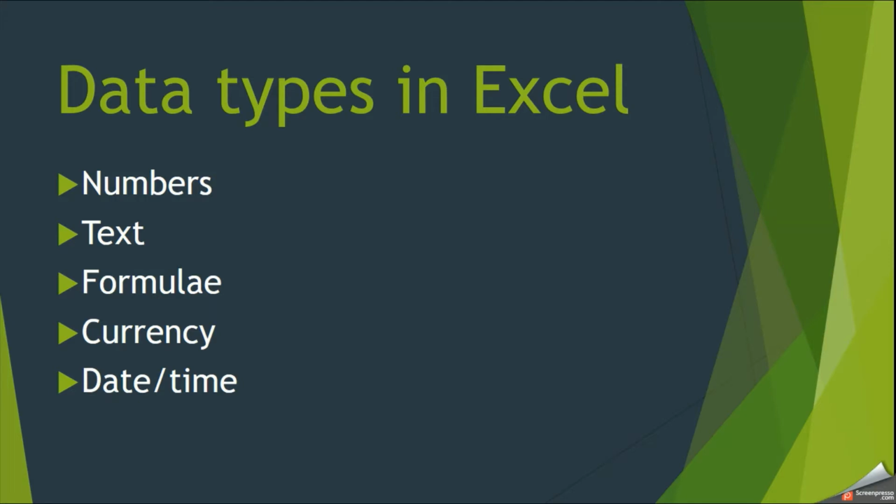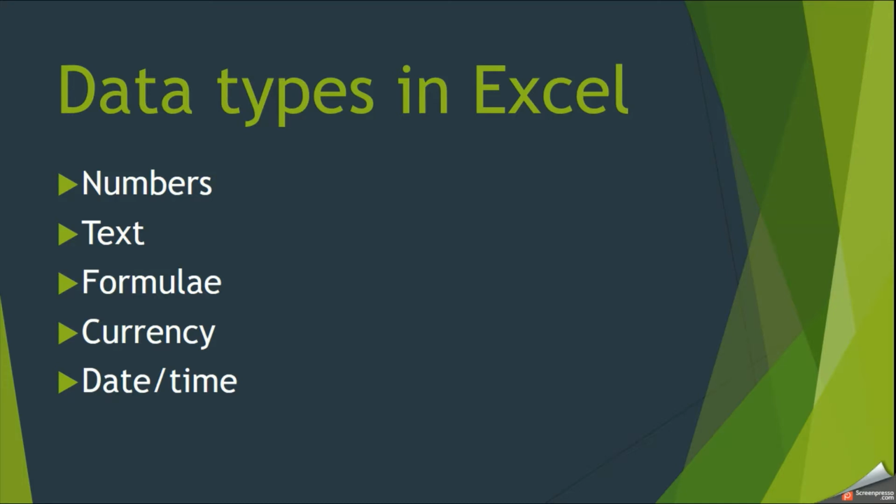And then currency values. And then one more data type is date and time. Different formats of the date and time can also be set in Excel. So these are the 5 different types of data that we can enter in MS Excel.